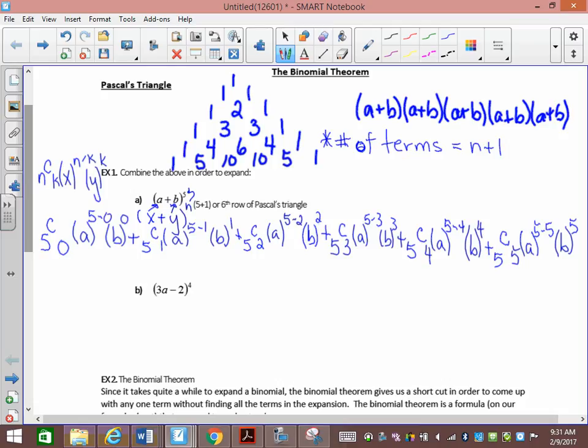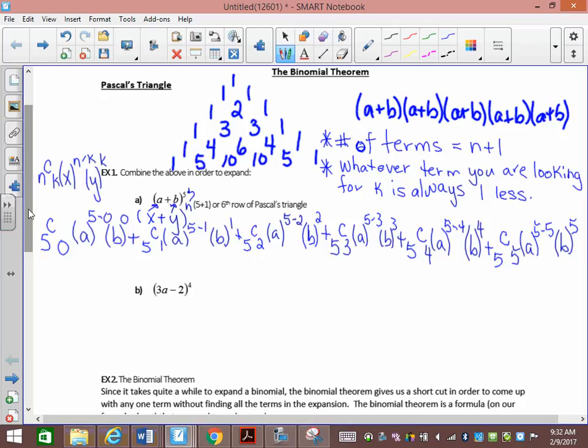The other thing is, whatever term you are looking for, k is always 1 less. So if I'm looking for term 6, k is 5.